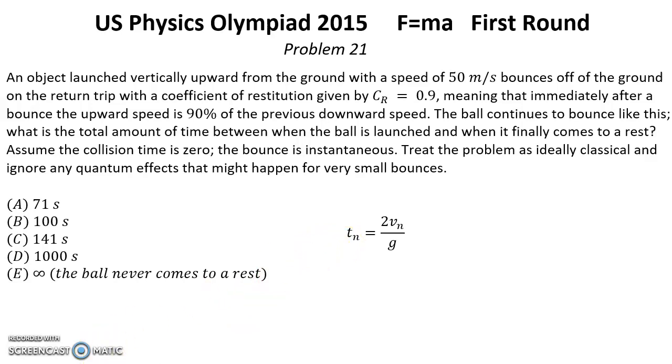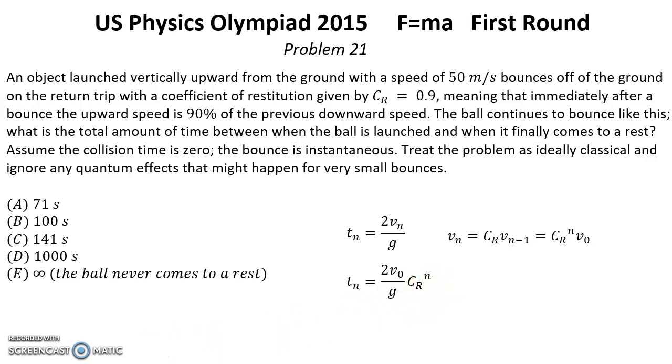Each time we have a bounce, we have Vn equal CR multiplied by the previous speed, and that's equal to CR to the power n multiplied by V0, the initial speed of 50 meters per second. Now we can put this into the expression and find that Tn equals 2V0 over g multiplied by CR to the power n.